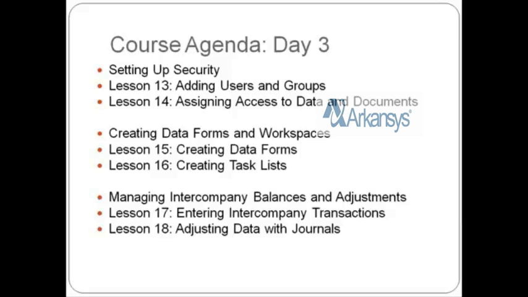In lesson number 13 we will see how to add users and groups into the system. Then in lesson number 14 we will see how, once users and groups have been defined, we will assign those users or groups a set of data, documents, views, grids or data forms, so that we are able to give them access to the system. Without these things, users will not be able to work on the system.